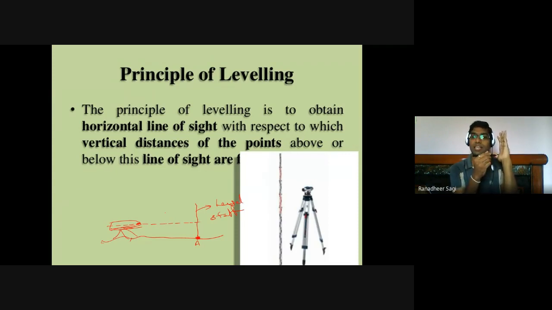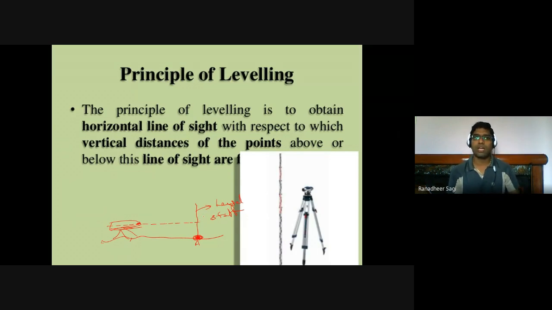The reading read on that staff will help you, if I know the reference benchmark, to determine the elevation of point A, or maybe the height of a building, or the height of any particular point that you are looking at.